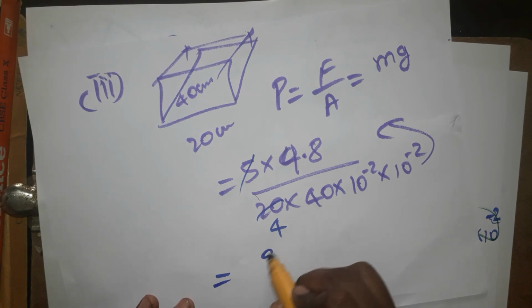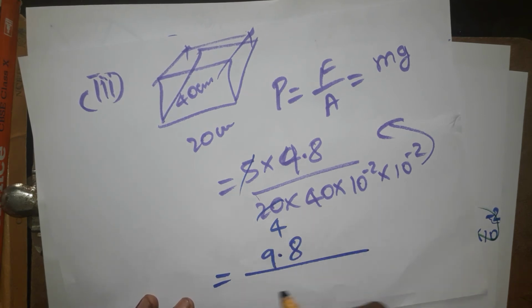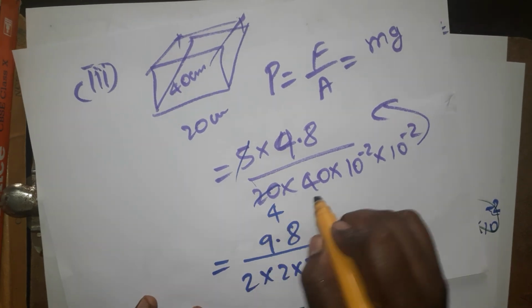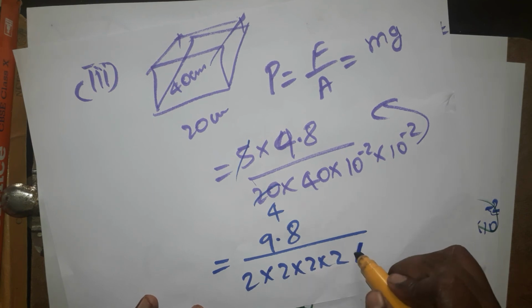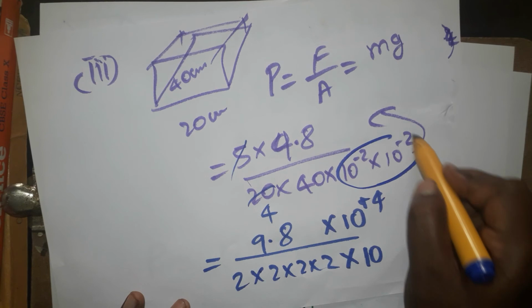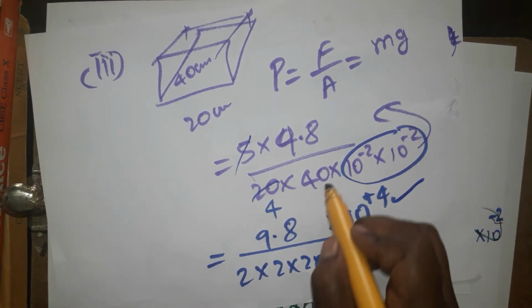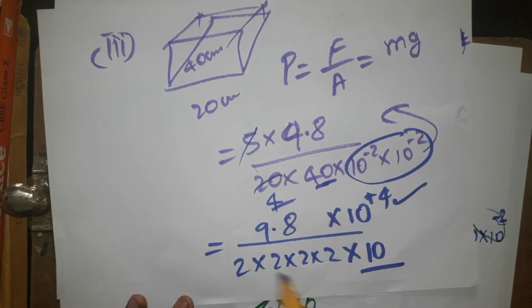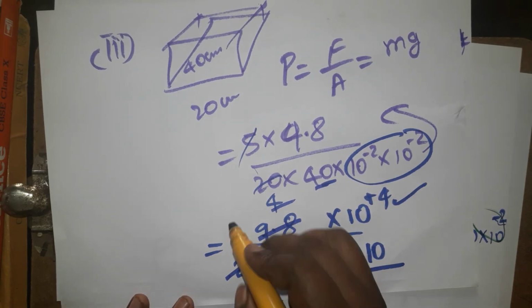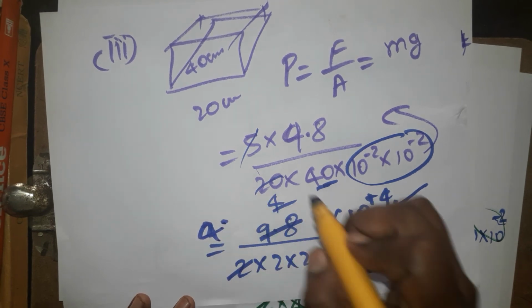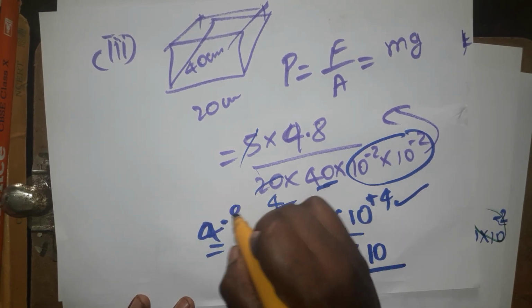So 9.8 divided by 4 into 4, we can have 2 into 2 into 2 into 2. I am writing 4 into 4, 8, like this, into 10 power plus 4. The reason I have taken 10 power plus 4 in the numerator is because of this 0, I wrote here 10, and because of 4 into 4, 8, I wrote like this. First time cancel, we will get 4.9.